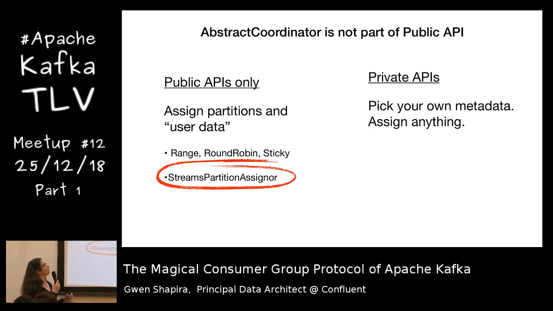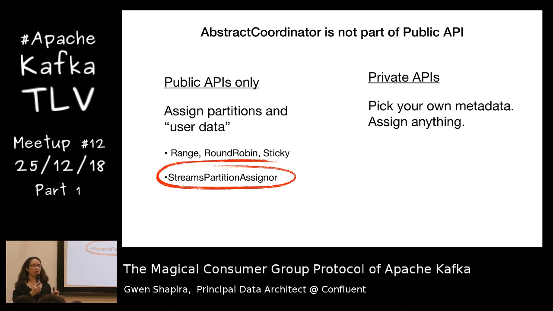A private API allows you to invent your own idea of what a resource is, your own idea of what metadata is. You invent your own language for electing things. If you only use the public APIs, you are essentially still a consumer group.